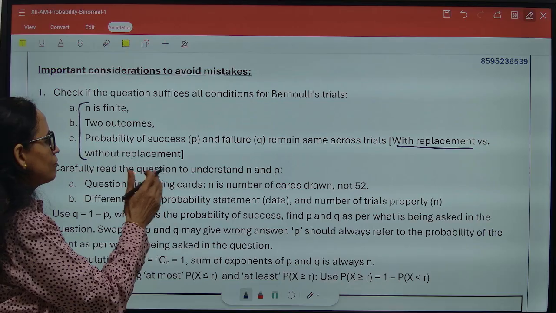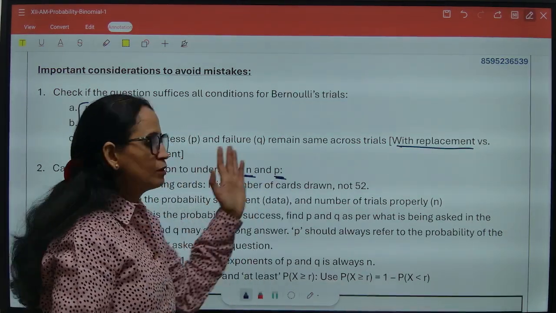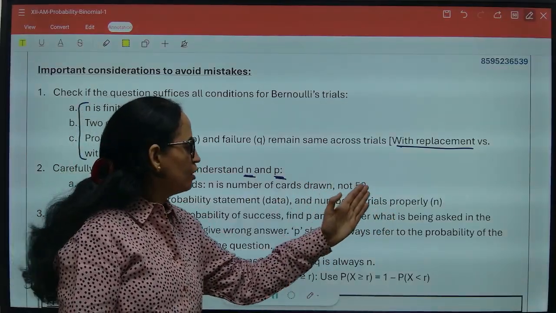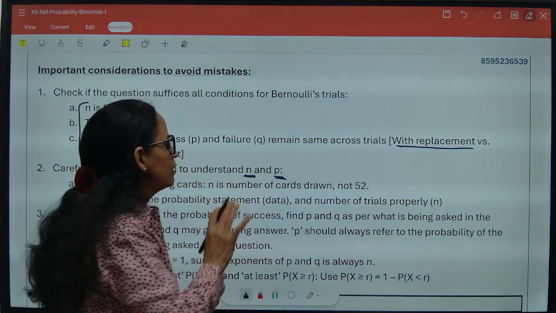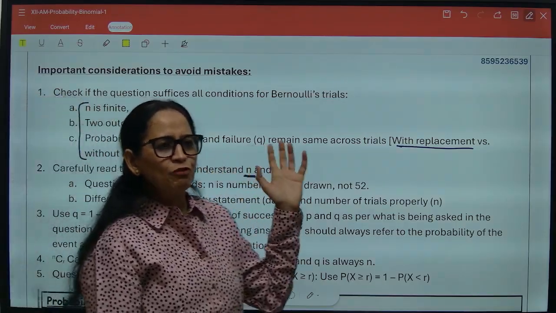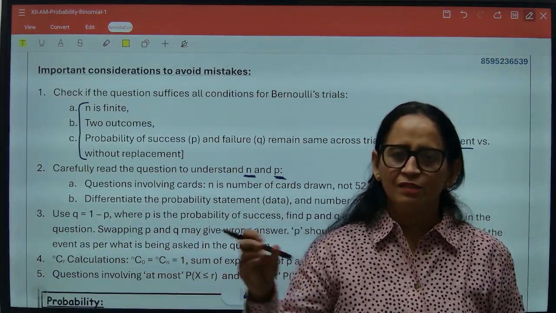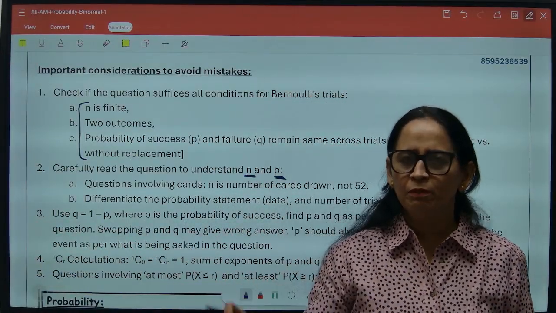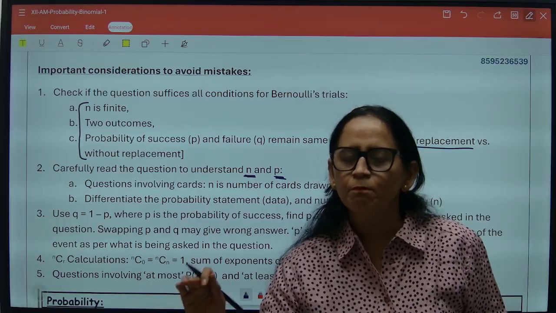Read the question very carefully to understand the values of n and p. For example, for the questions that were on cards, n is not 52. n is how many trials? So n is always a different value than 52. What is p? Whenever you have to find the probability of getting number of heads or number of tails, whatever the random variable is referring to, whether it is getting a head or a tail, mark that as p.